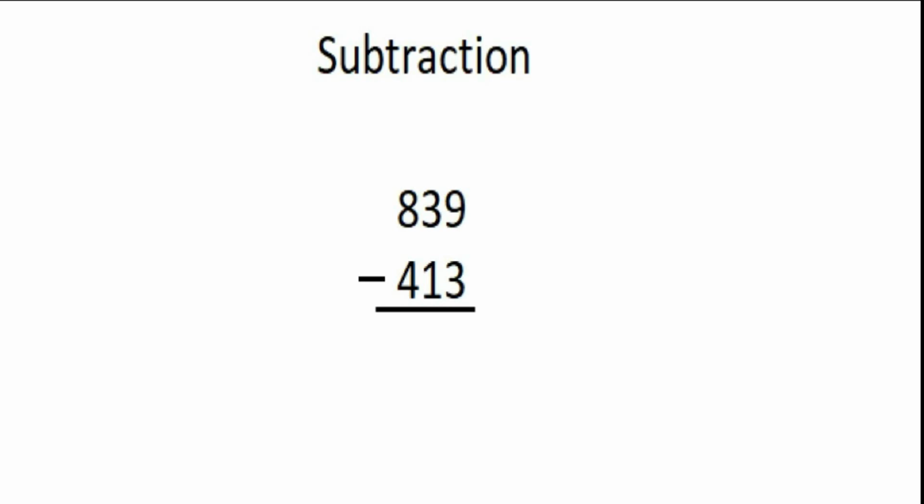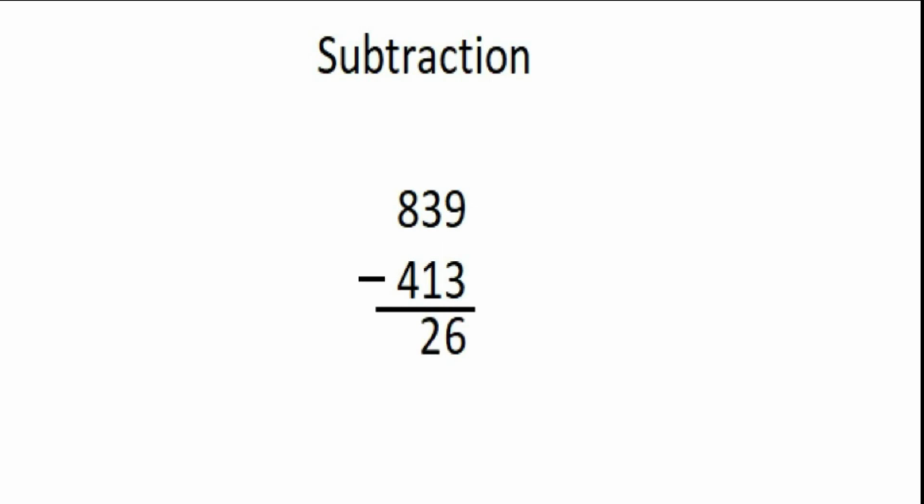So let's get started. Starting in the ones column, 9 minus 3 is 6. Now we're moving over to the tens column. 3 minus 1 is 2. And now we're moving over to the hundreds column.